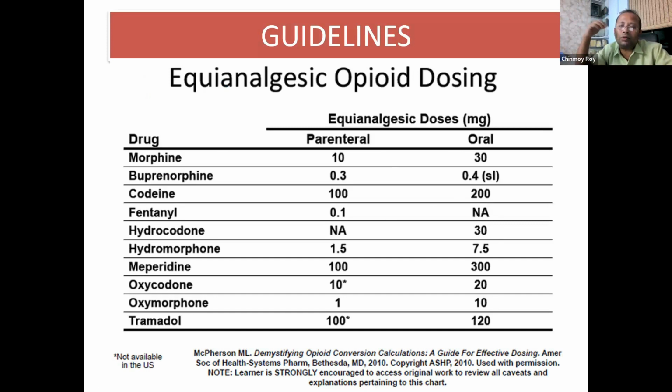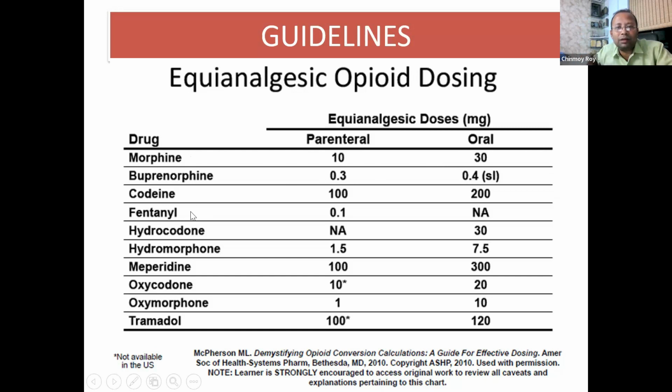So you rotate the drug to some other drug at an equianalgesic dose, and by principle, when you are changing to another drug by opioid rotation, you make it 50% less.